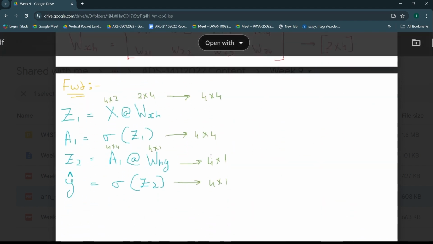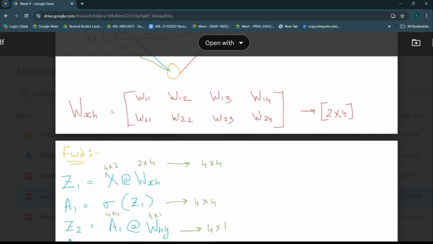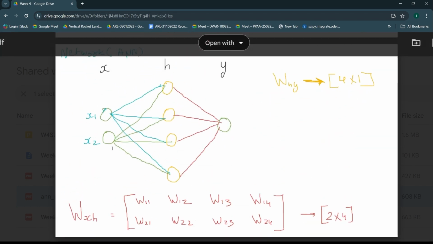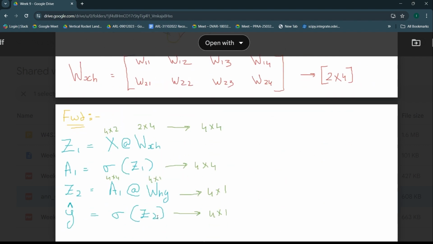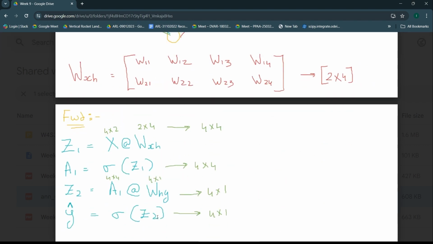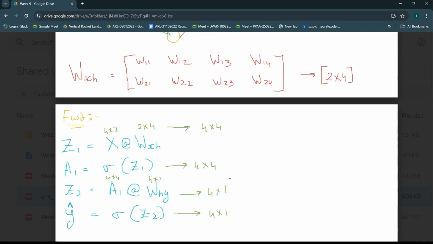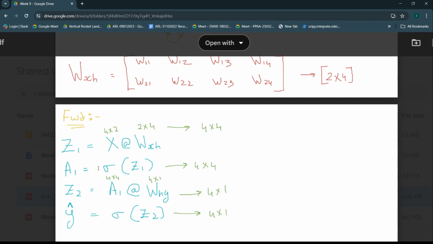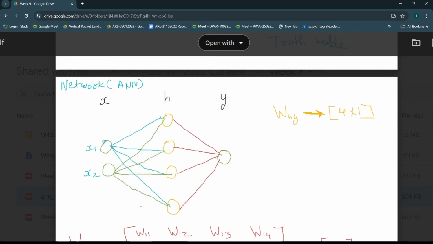And that's exactly what you can see over here: Z1 is the output that is not activated, which is simply the multiplication of your inputs with the weights. I am not considering biases anywhere, as that's my choice whether to have them or not. Currently, we are not having them. After that, I'm going to activate it with the help of the sigmoid activation. Those outputs are then going to act as the input for the next layer.